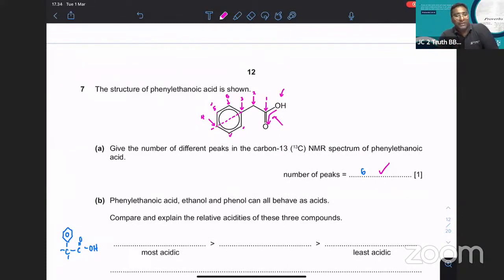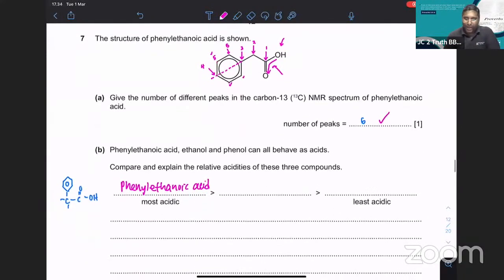So in this case, the most acidic is going to be phenylethanoic acid, followed by phenol and ethanol. Please always remember, phenol is always a greater acid than ethanol. Why ethanol?